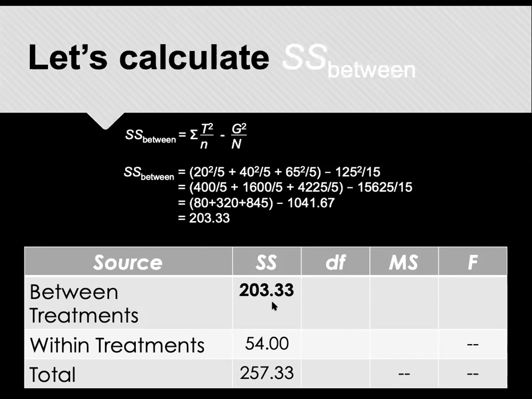Now, remember I told you, as a way to double check your math, you should be able to add the between treatment sum of squares and the within treatment sum of squares, and it should equal your total sum of squares. If that isn't true, when you add these two together and you don't get this, something is wrong. I don't know where, you're gonna have to find it, but something is not right, okay?